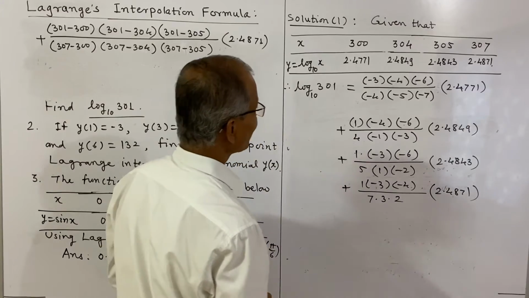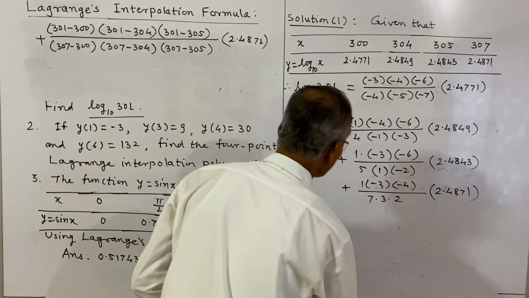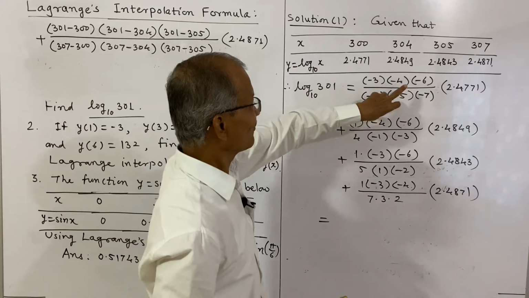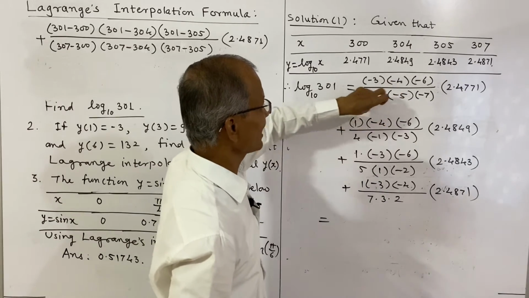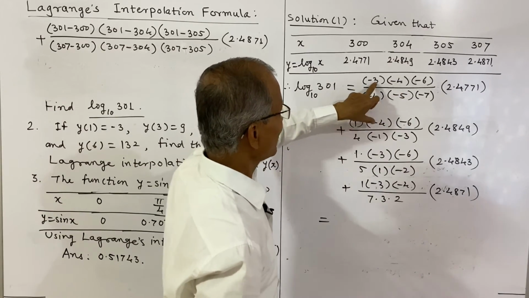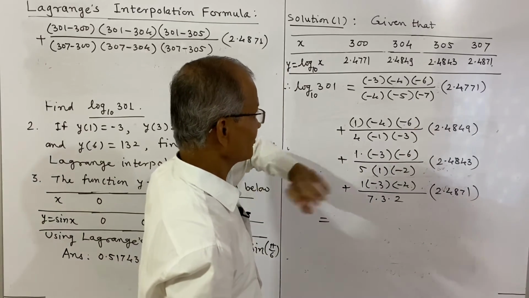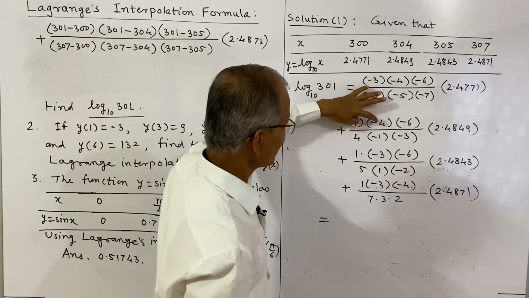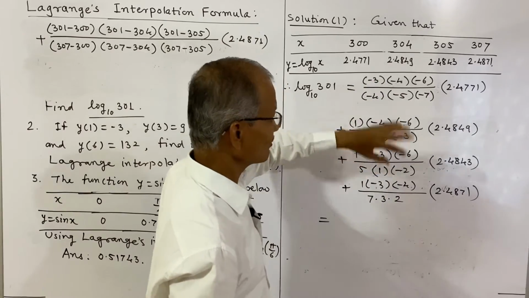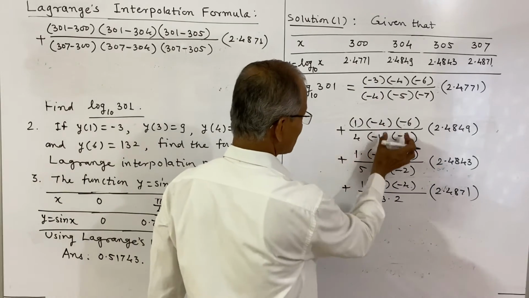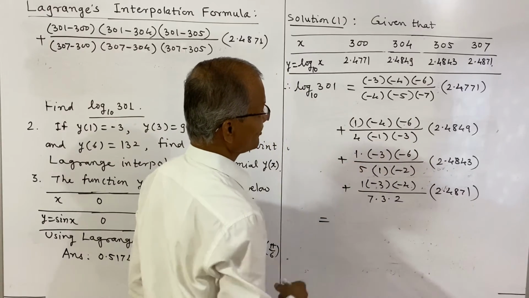And now the further calculation can be done, and we may observe this cancels, and it is 18 divided by 35, multiplied by this term. Here also you have to note the sign. Here it is positive, here it is positive, the term will be positive.